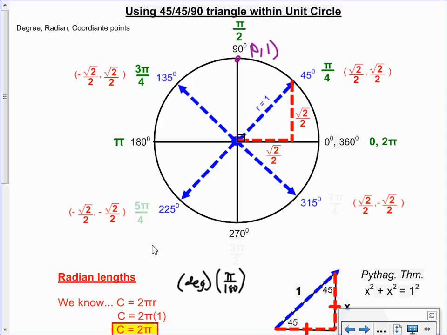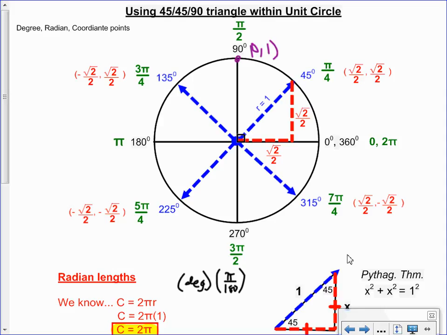And then 225 is 5 pi over 4. What do you think 270 is? Yes! 3 pi over 2. And then 7 pi over 4.